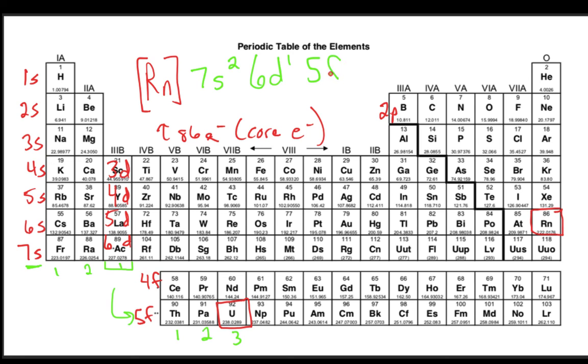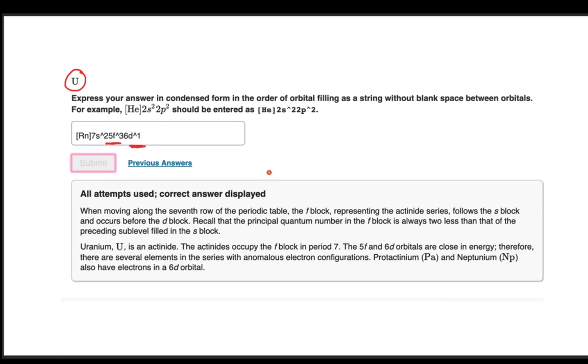Now, Mastering Chemistry can be a little picky about this. Honestly, on a test, if it was just a handwritten problem, I'm much less concerned in terms of the sequence. But computers are kind of dumb, right? Mastering Chemistry, for example, is being told that the correct answer goes from 7 to 5 to 6.